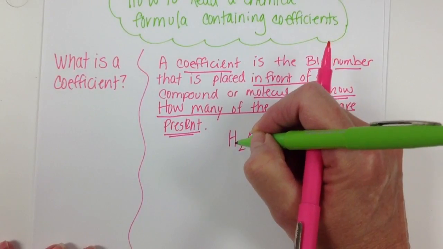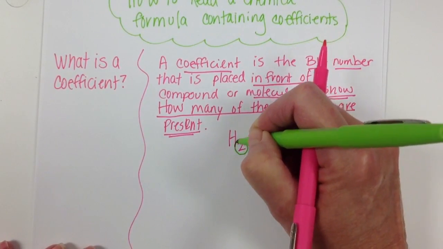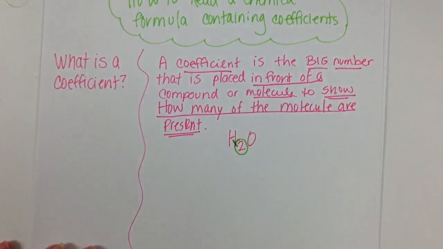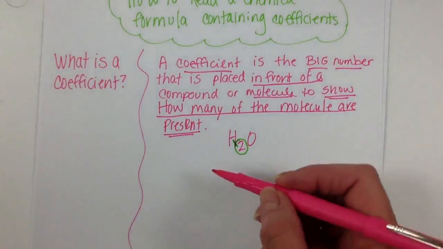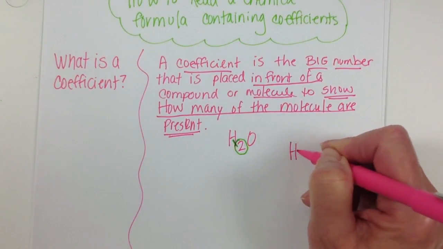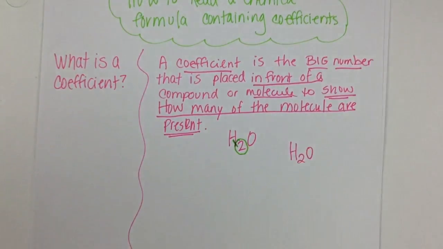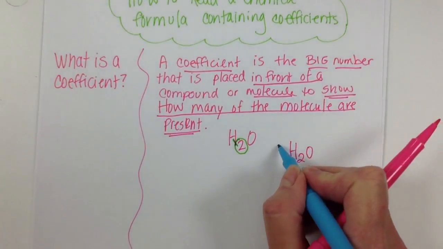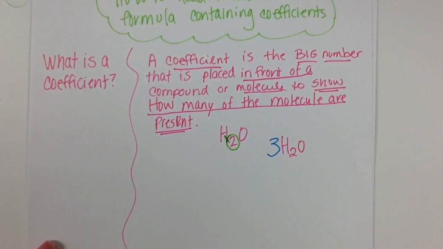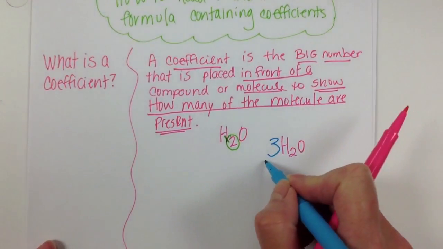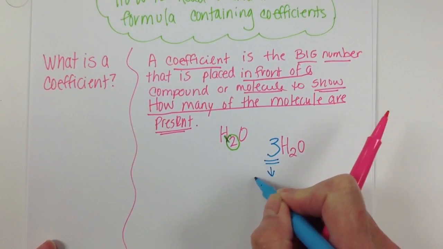We know that the subscript 2 corresponds with our number of hydrogen. But let's say instead of just H2O, we see a 3 in front of the H2O. So this 3 now is our coefficient.